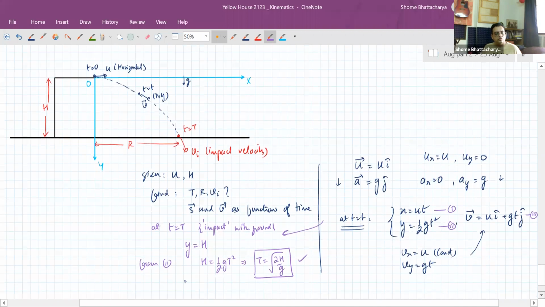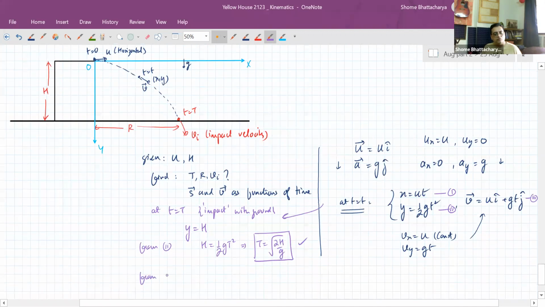Then from equation 1, x is equal to R. And similarly from equation 3, we will find the impact velocity.